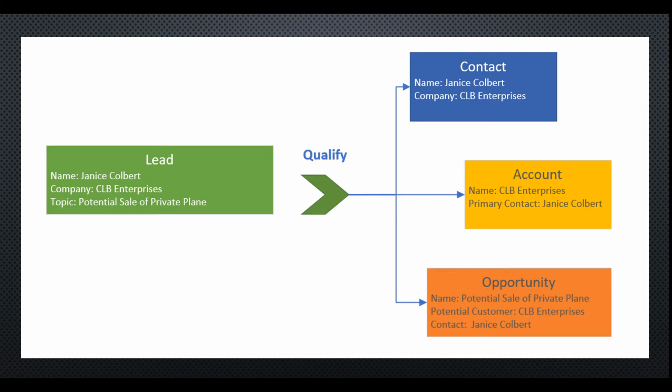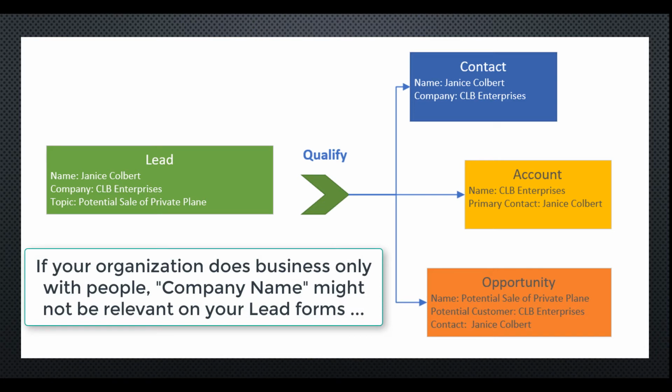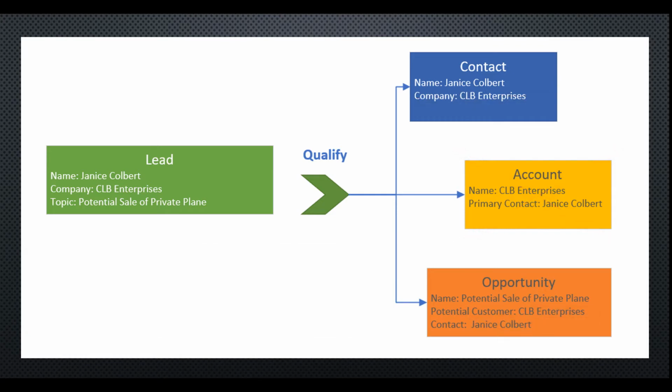Now, if the company name on the lead, which is optional, was left blank, then the account would not be created. And the potential customer would be the contact, and the contact would not have a company associated with it. That's what happens during the qualification of a lead, and we'll demonstrate it next.